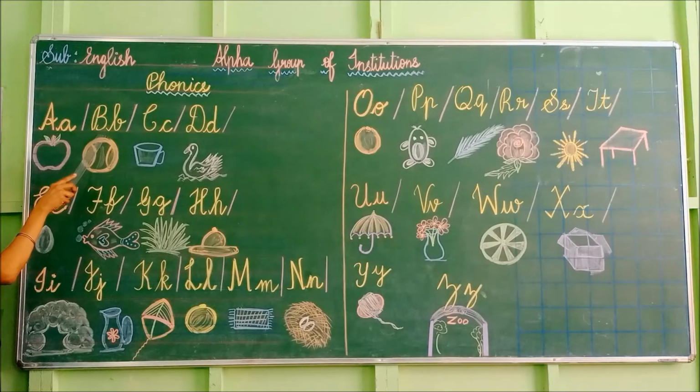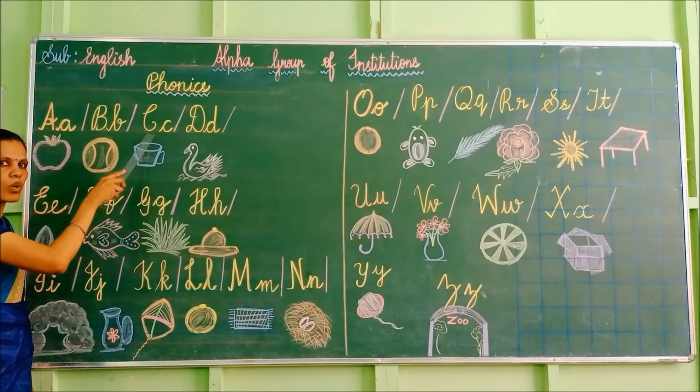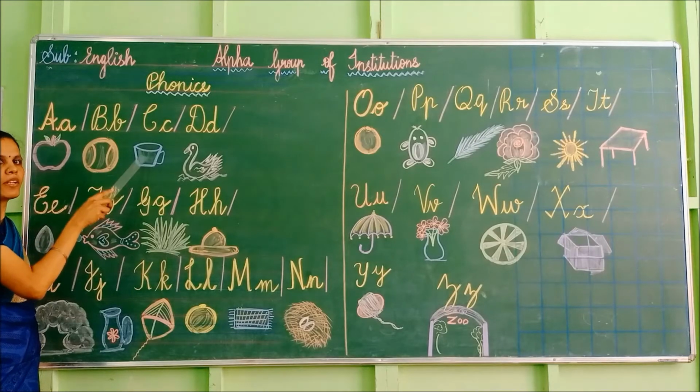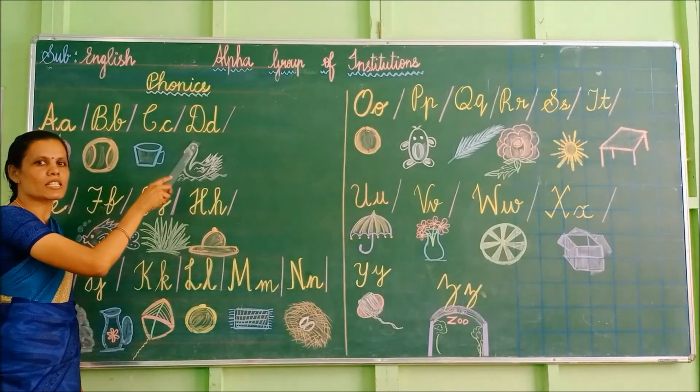B. B sounds B. Ball. Next one. C. What letter is this? C. C sounds K. Cup.